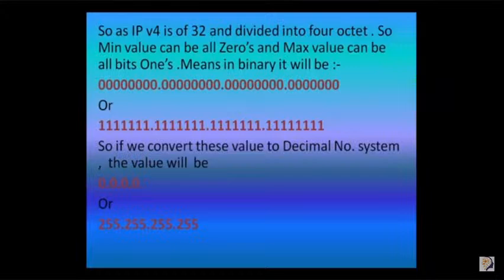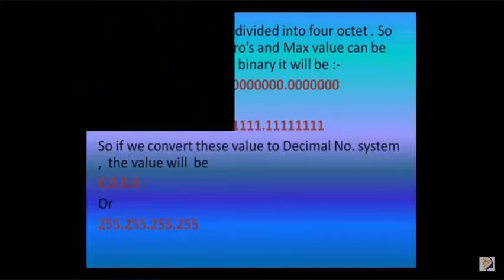When we convert it into decimal, it becomes 0.0.0.0 to 255.255.255.255. This is the basic structure of IP. So if you still have any doubt in decimal to binary and binary to decimal conversion, please go back, watch the video again and practice that.